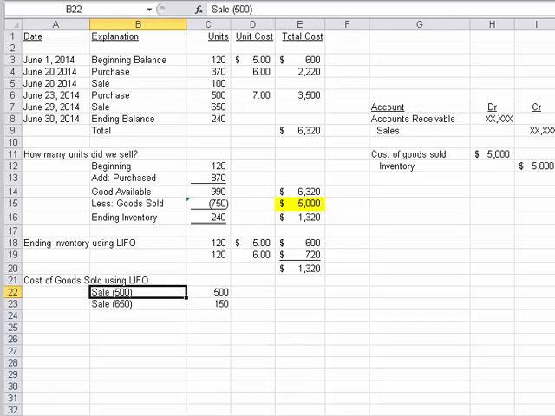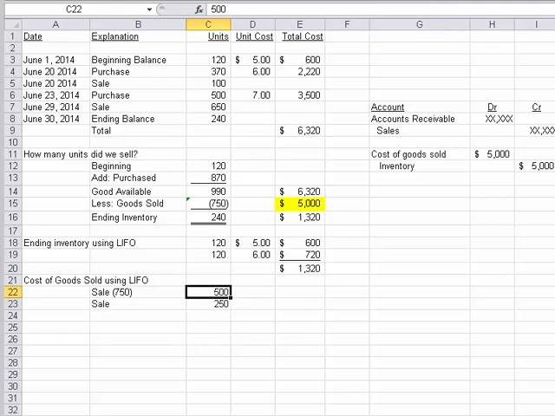Again, I want to show this as our total sales was 750 units. So of the sale of 750, we had 500 go out the door, and then 250 from the next purchase. There's 500, 250 of the 370.